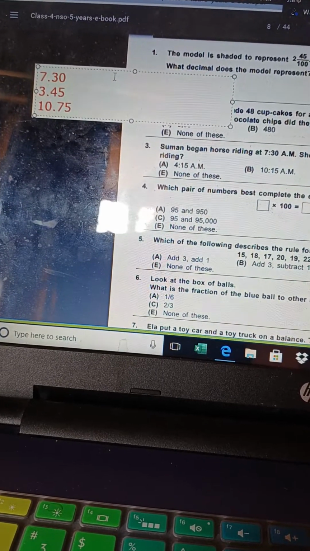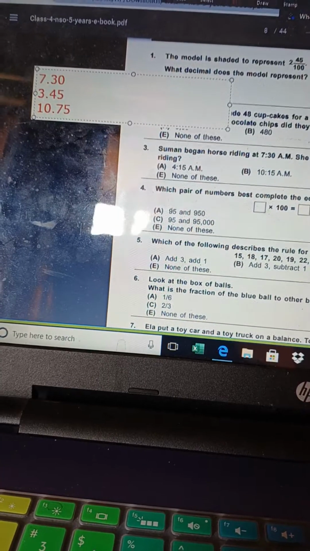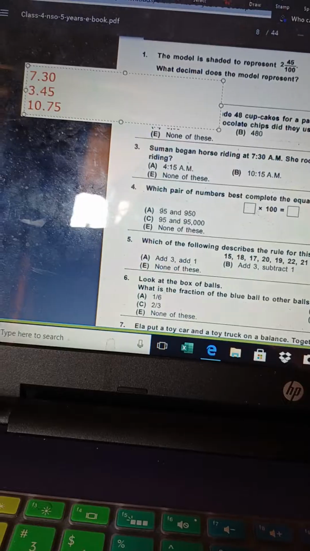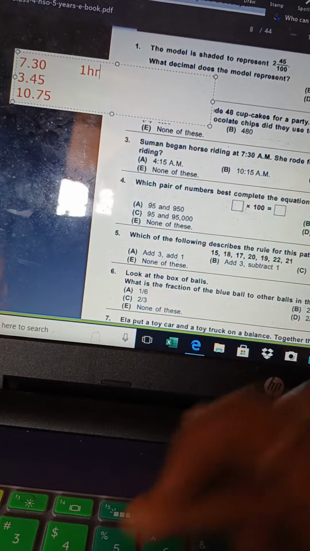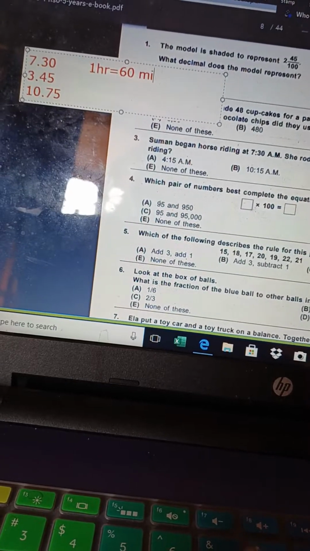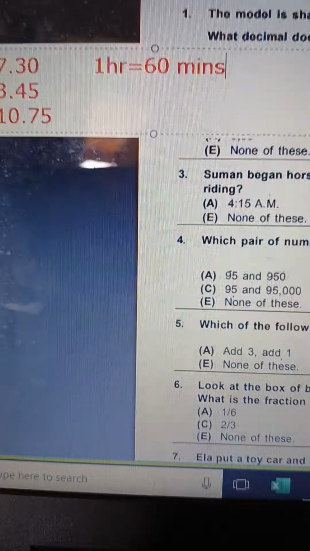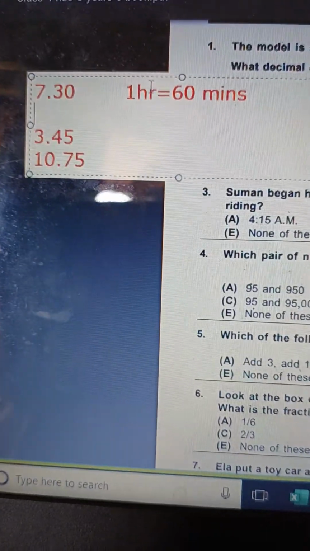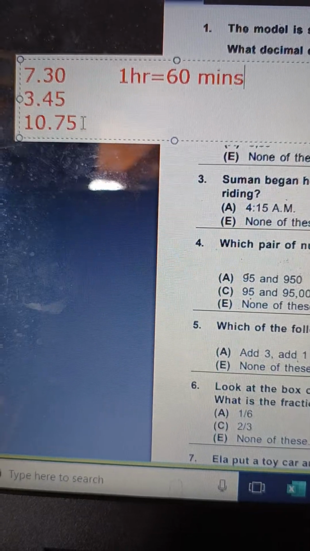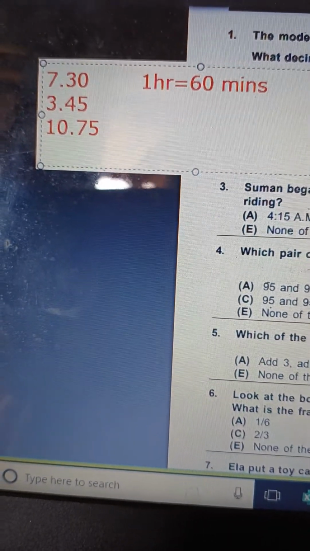So what we have to do now? 75 minutes, since we know 1 hour is equal to 60 minutes. So what we can easily do is subtract 60 from 75 and add 1 to the hour.